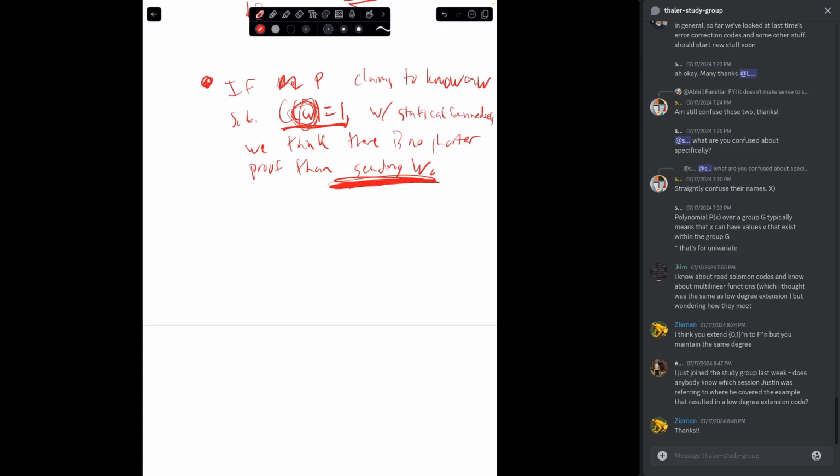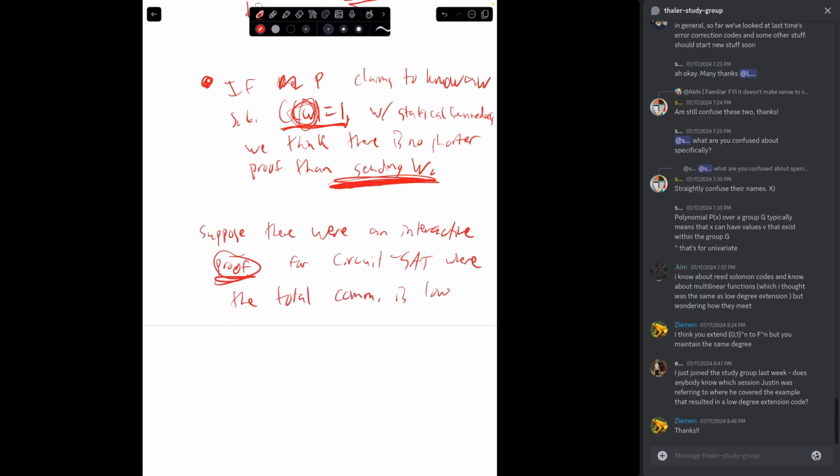And they'll say things like, broadly speaking, suppose there were an interactive proof, and again, even if you allow the interaction, but you insist on statistical security, for circuit SAT or some other NP-hard problem, where the total communication sent by the prover is lower than the length of the witness, the witness size.